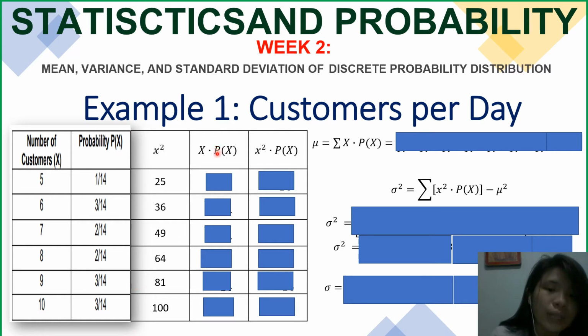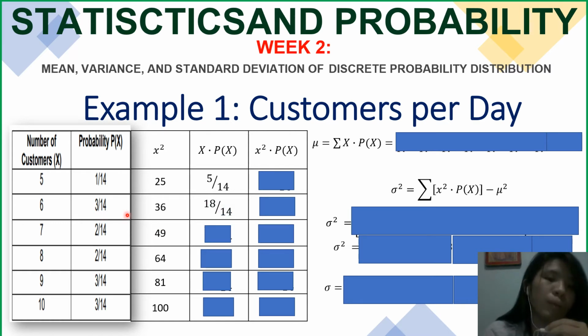So, now, we get the product of the number of customers and its probability. Saan tayo titingin? Dito sa first and second column. Just multiply it kamukha nung ginawa natin dun sa mean. So, that is 5 times 1 over 14, equal to 5 over 14. 6 times 3 over 14 is 18 over 14.